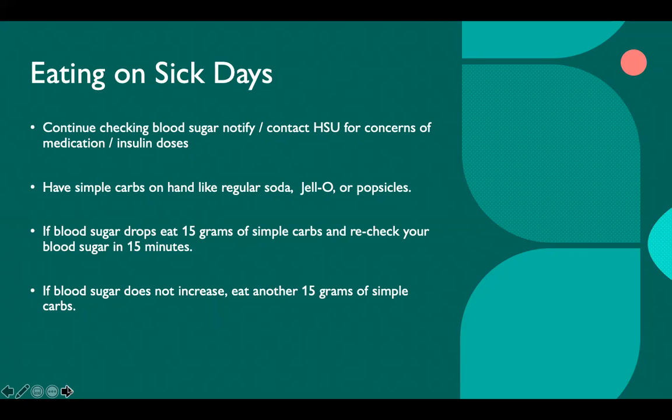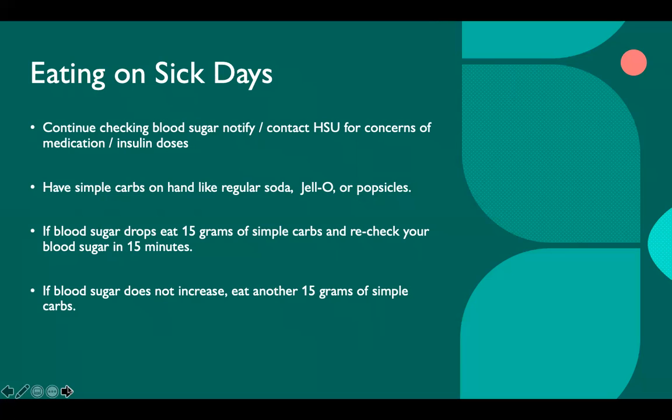For us, however, we have a trick called 15 and 15. So if you aren't eating and you check your blood sugar and it is extremely low, what you're going to do is eat 15 grams of simple carbs. So that could be like regular soda, jello, popsicles, hard candy. So you're going to eat 15 grams of a simple carb, and then you're going to wait 15 minutes and recheck your blood sugar.